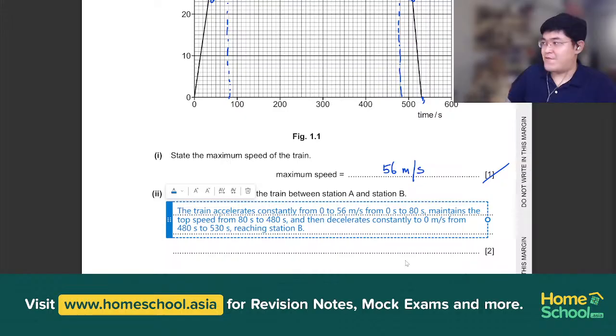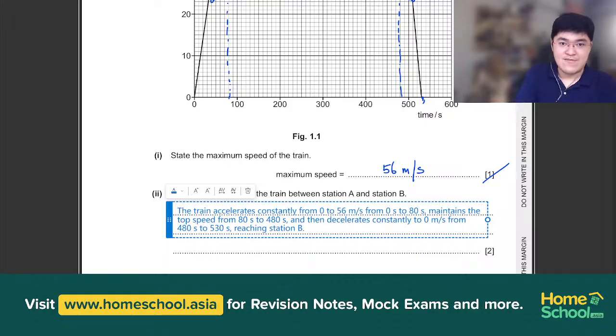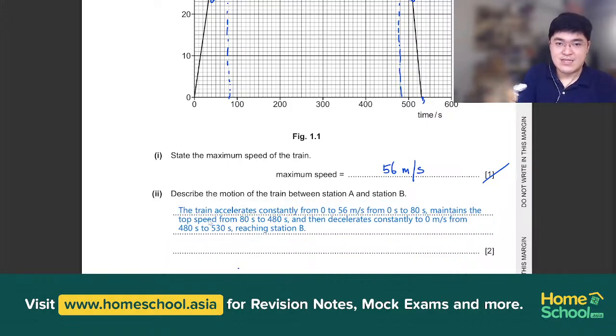So if you write over here that the train accelerates first, and then maintains its constant speed, and then decelerates, you should get your full 2 marks.